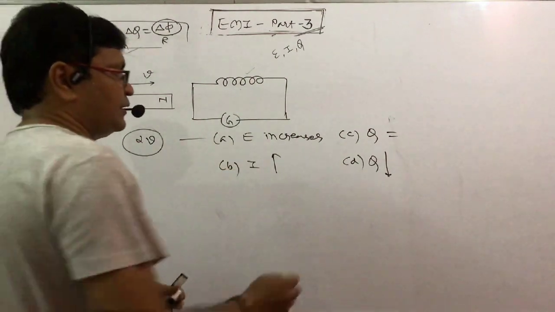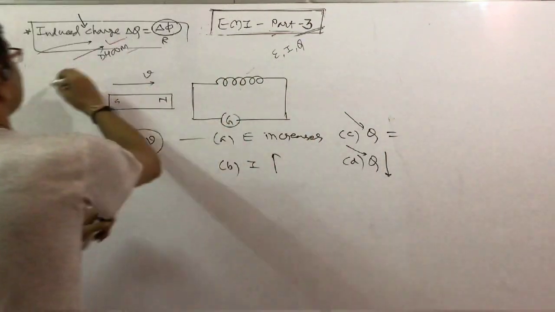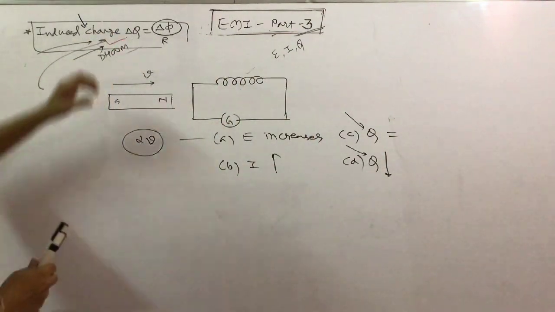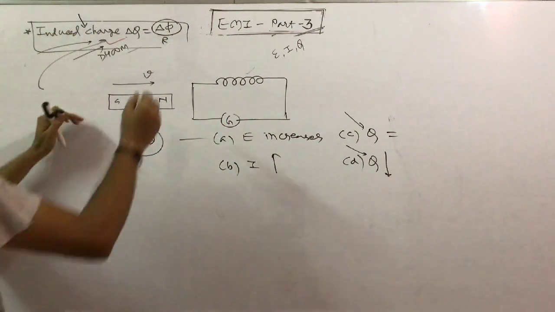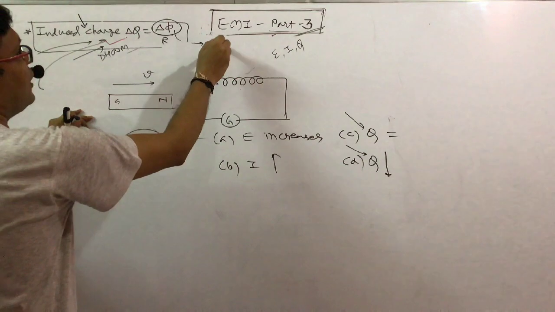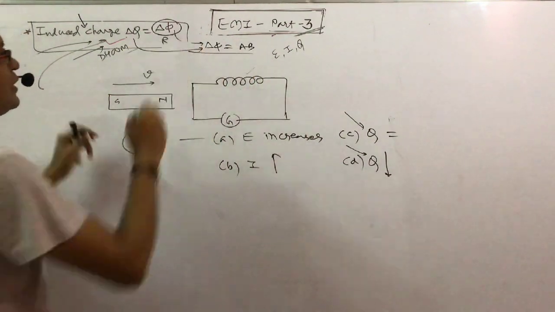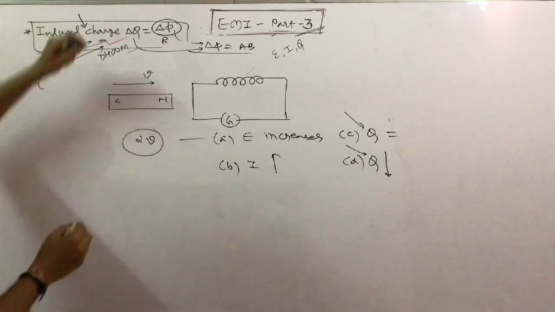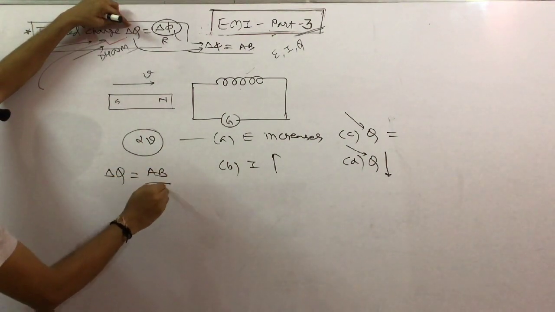But these two options are very important for us because of this equation. What is the induced charge? Induced charge delta Q is equal to delta phi by R. And delta phi, what is the formula of magnetic flux? It is AB. So ultimately, if you observe carefully, the formula of induced charge is AB upon R.